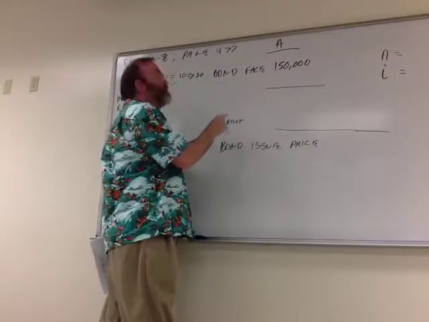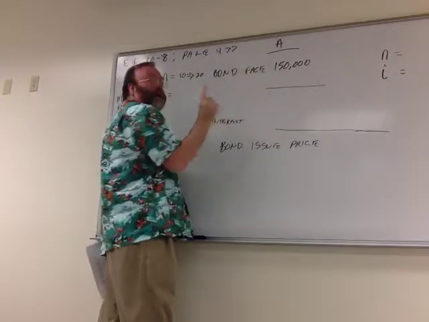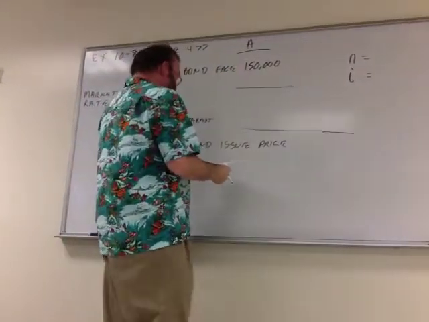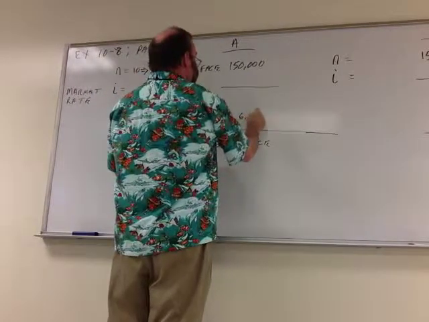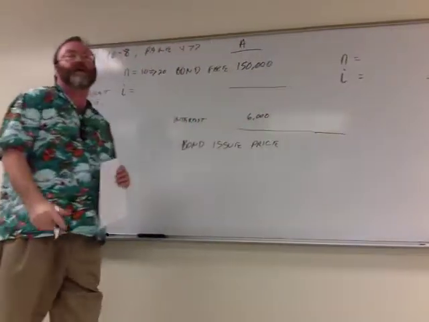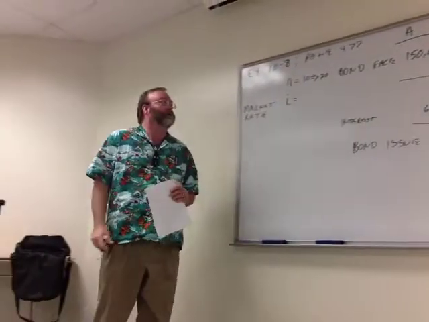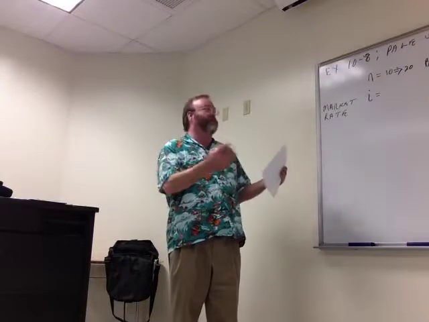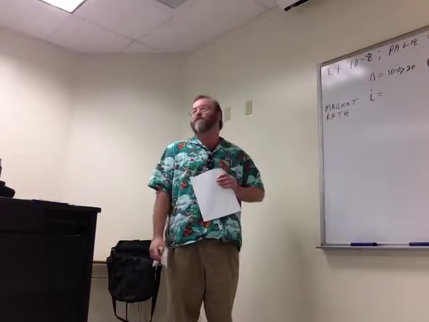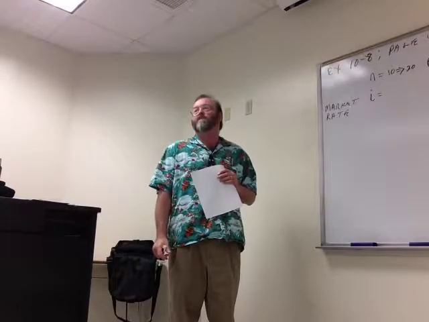So $150,000 times the 8% is $12,000 a year, paid twice a year, so semi-annual interest of $6,000.